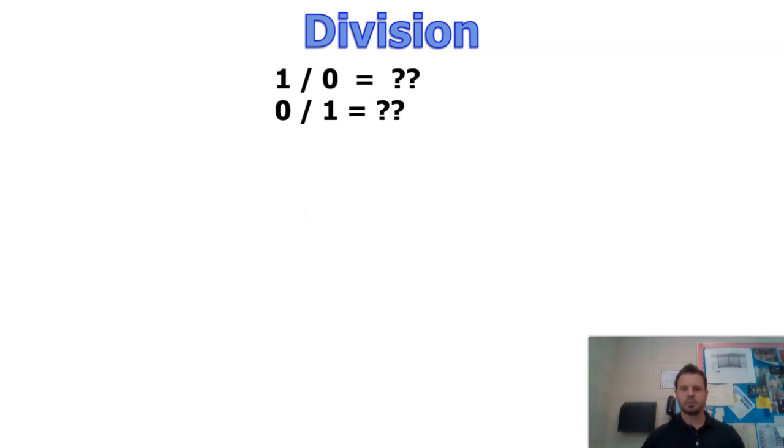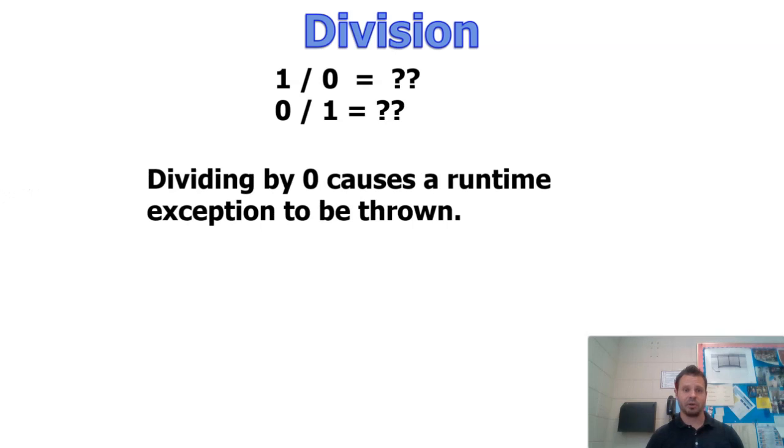Now, a couple special cases of division, okay, dividing by 0 and dividing 0. The first one, we said in math for years, don't divide by 0. Okay, 1 divided by 0 causes a runtime exception to be thrown, a runtime error, as in as your program's running, it's going to crash. And then also in Java, we can't divide 0 by something.